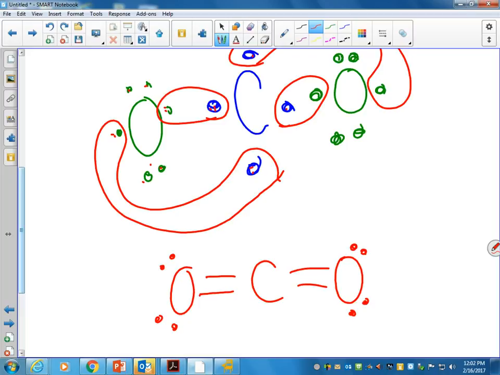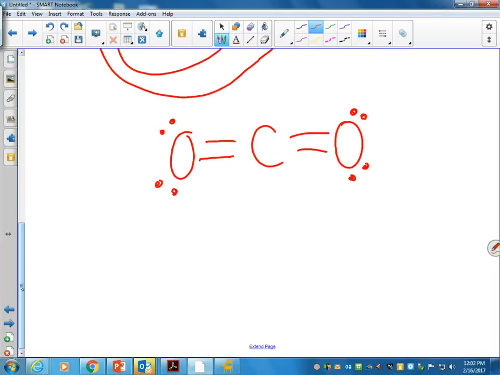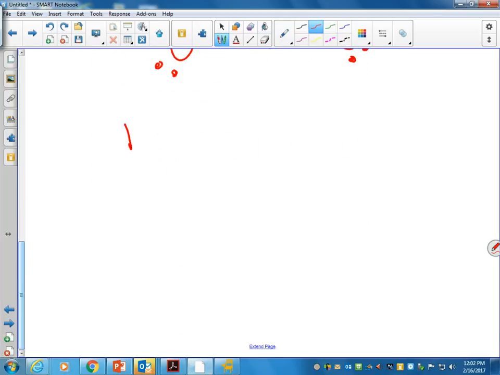So let's just do N2, just nitrogen gas. So we're going to look at nitrogen gas here. Nitrogen gas is just N2.